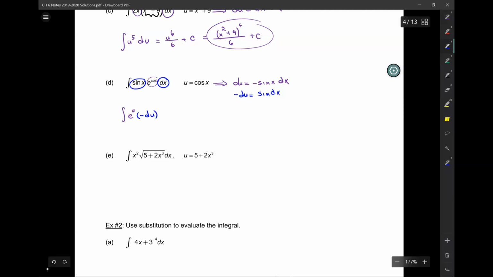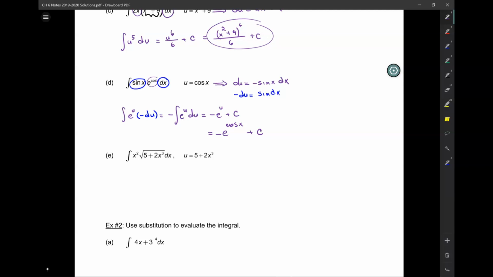You see that? So that's the same as negative e to the u du integral, which is negative e to the u plus c, which is negative e to the cosine x plus c.